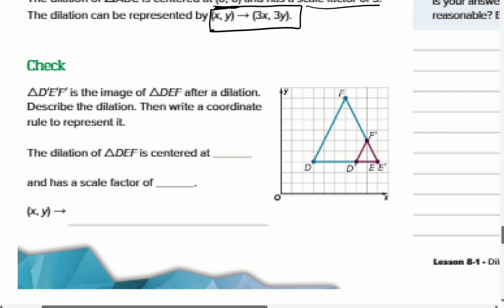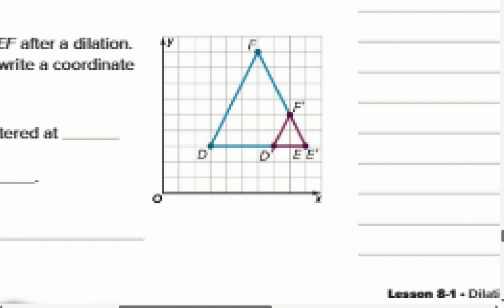Okay, so let's do the check. This one, there's a lot of work that you need to do, but there's a way to simplify some of the work here. When you're finding the center of dilation, it probably will be easier instead of using the distance formula.